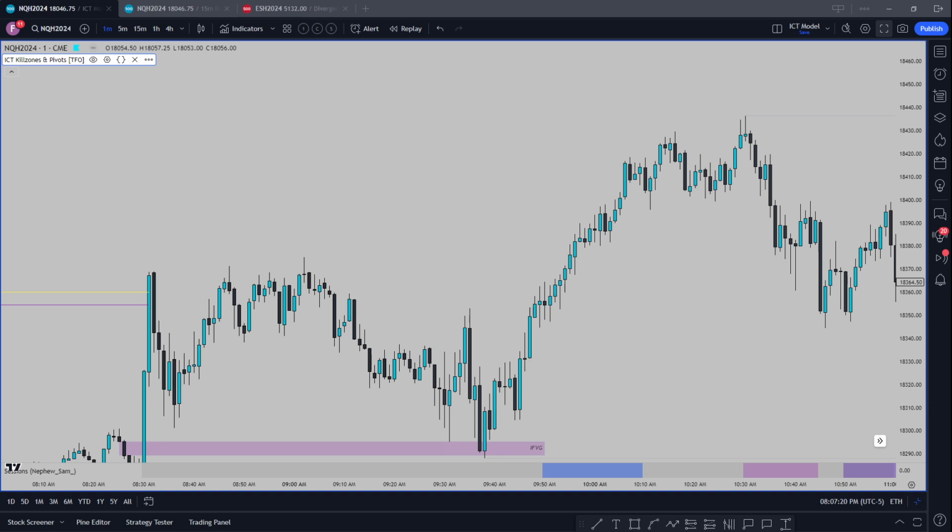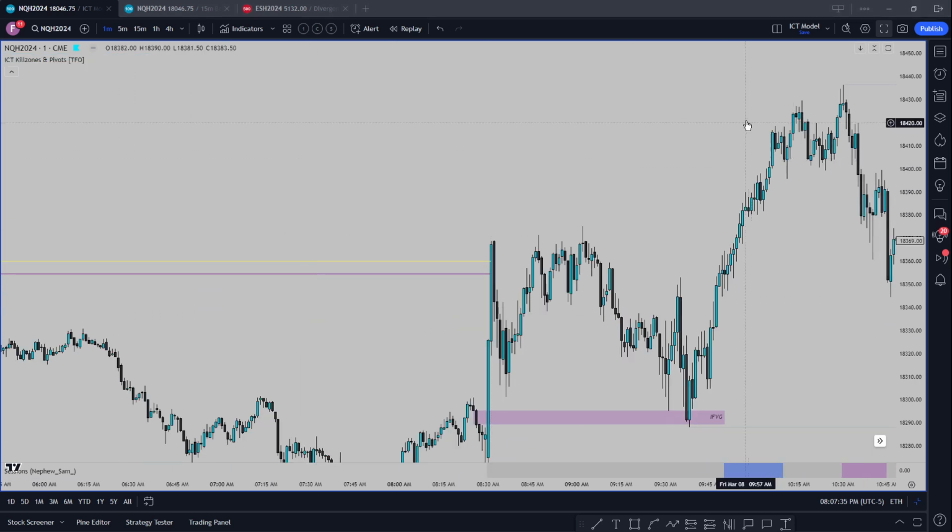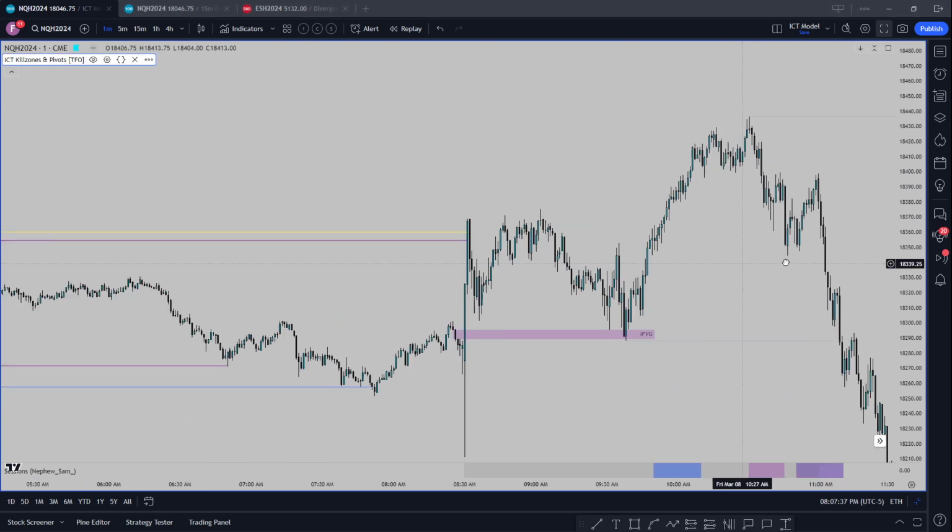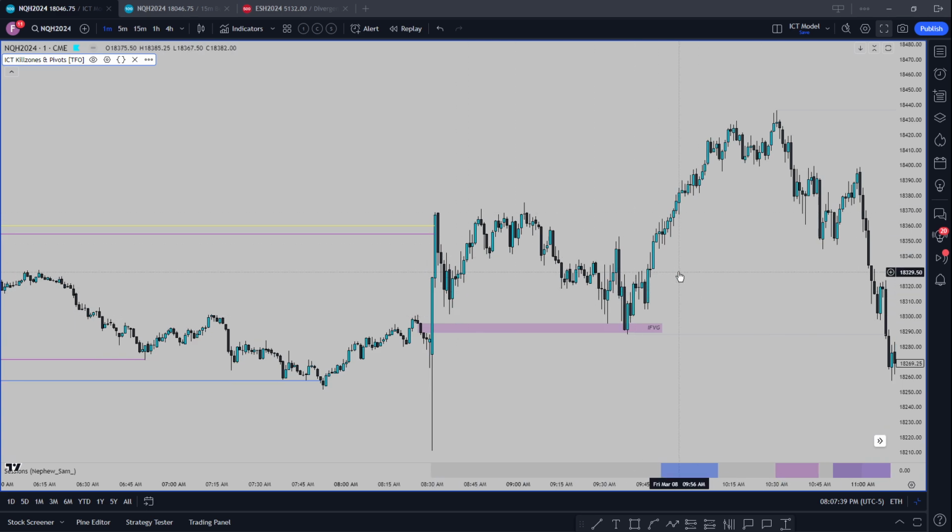Whether it's London, whether that's New York, I think you should have one specific kill zone you focus 95% of your time looking at. The other 5% is just maybe glancing over those PM sessions, glancing over those London sessions to see what they did, and then implementing it into your own trading, right? But really just focus and have the discipline at the start of focusing on one kill zone.